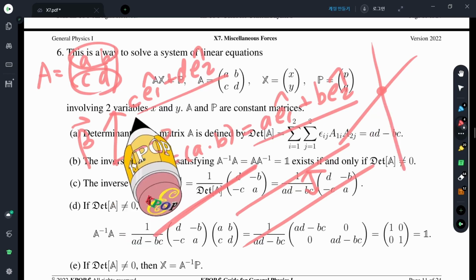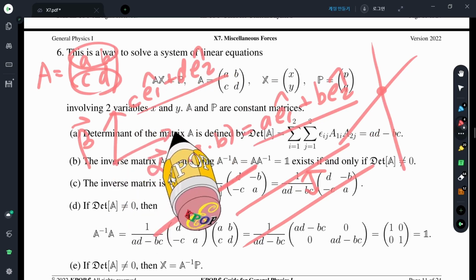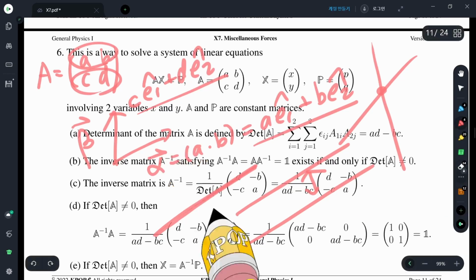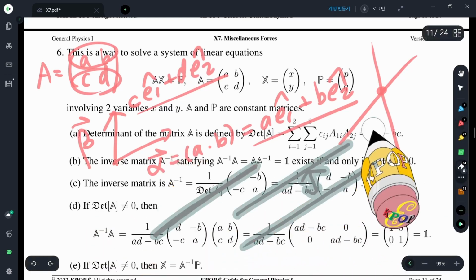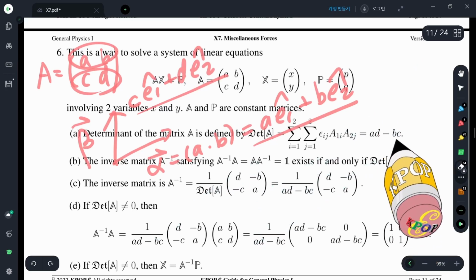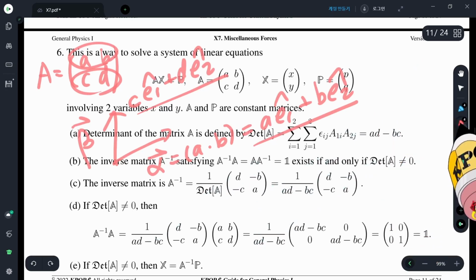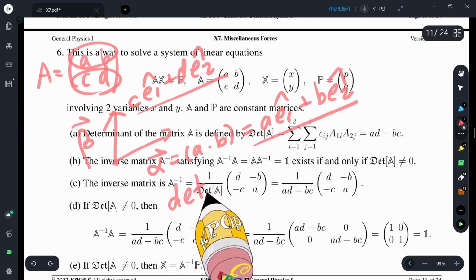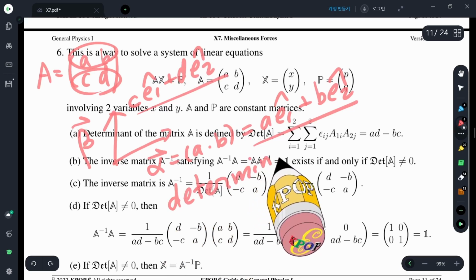So, how can I determine whether these two are parallel or anti-parallel? Because of Descartes, we know how to determine this. Determine whether parallel or not. So this is the determinant.